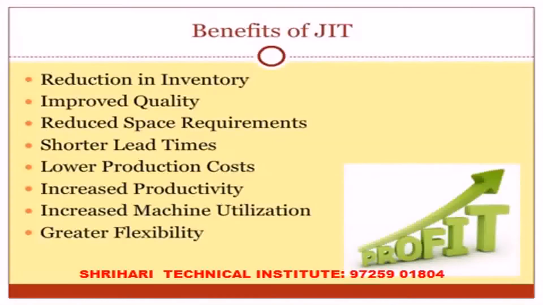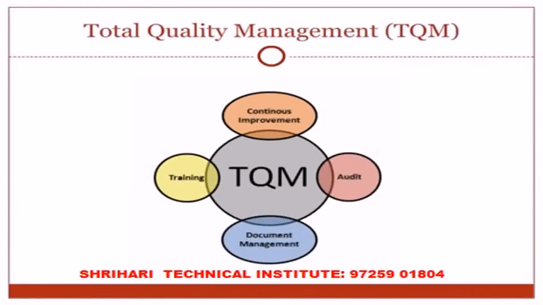The benefits of JIT always reach the bottom line because you have a reduction in inventory, improved quality, reduced space requirements, shorter lead times, lower production costs, increased productivity, increased machine utilization, and greater flexibility. I really can't stress the importance of quality systems enough.